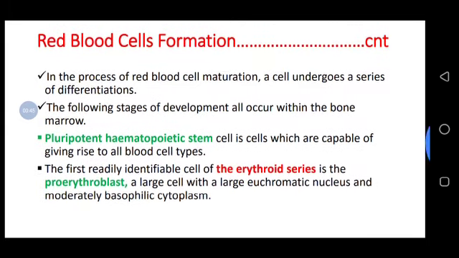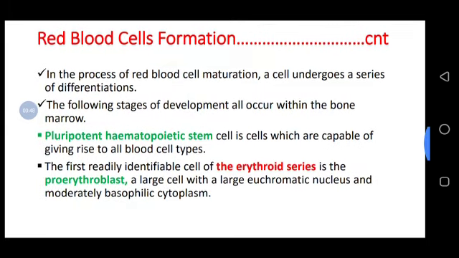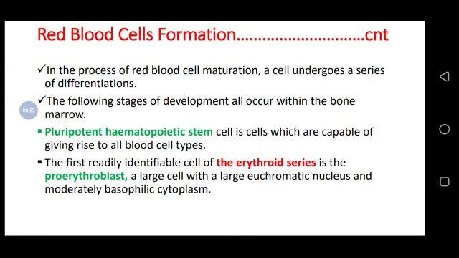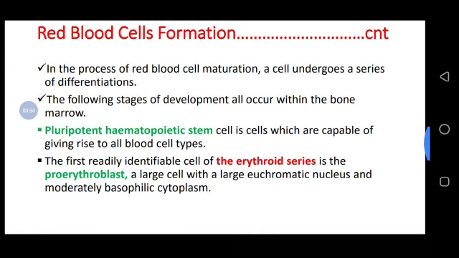So the hematopoiesis is the process of formation of these blood cells. So we have the mother cell, the stem cell, which we call the pluripotent hematopoietic stem cell, a cell which is capable of giving rise to all blood cell types.